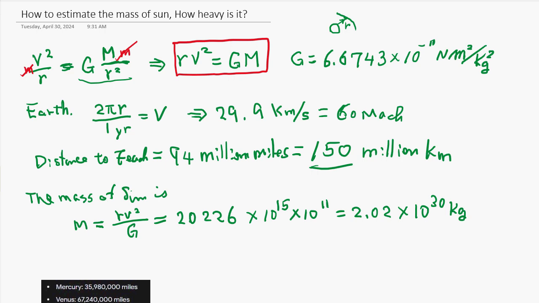The distance to the planet times the planet's speed squared equals the gravitational constant times the sun's weight, and the gravitational constant is 6.67 times 10 to the minus 11 newton meter squared over kilogram squared. The gravitational constant is not easy to measure accurately, but there are instruments invented to bring heavy weights together and measure this attraction, and you can do a somewhat good job of measuring it.